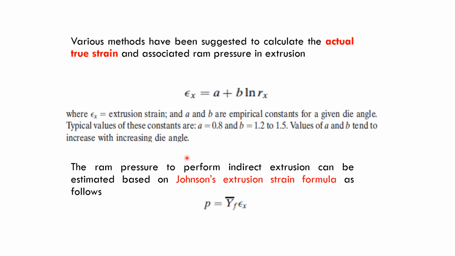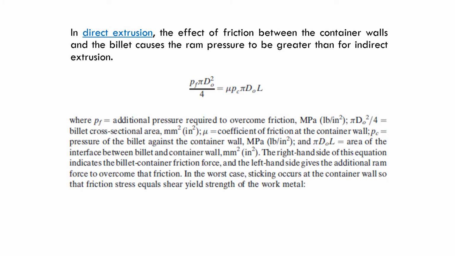Okay, so by using the Johnson's extrusion strength formula, we can calculate the ram pressure, which is YF times the epsilon x. So in direct extrusion, we cannot prevent the effect of the friction between the container wall and also the billet.